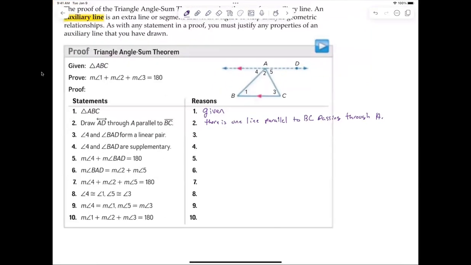There's only one line parallel to BC passing through A. That is what they mean by drawing an auxiliary line.